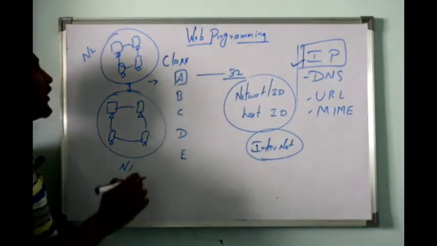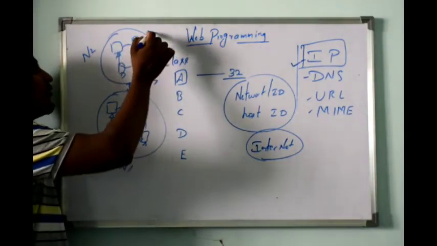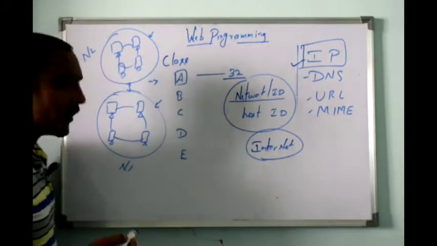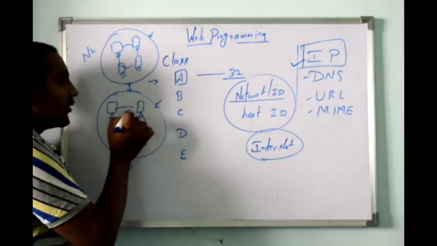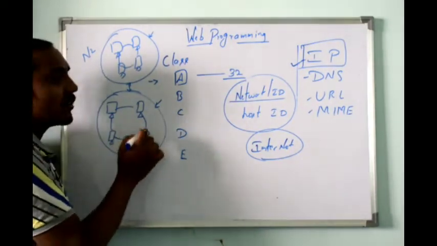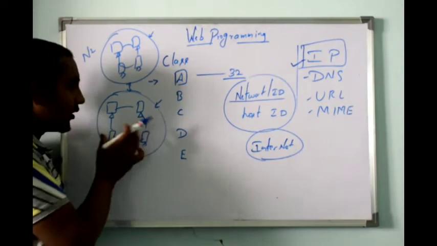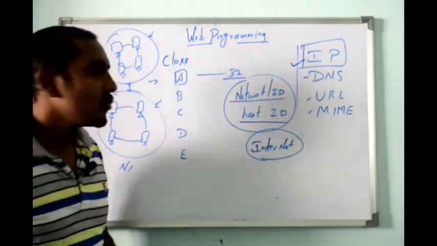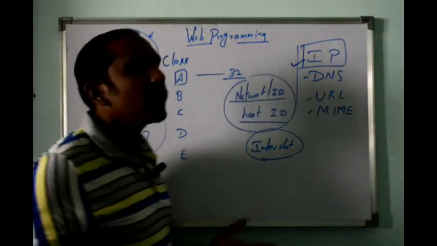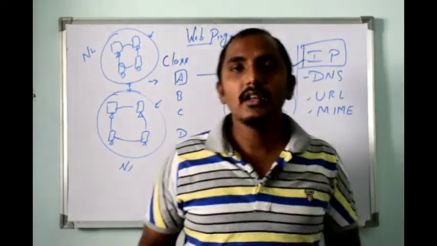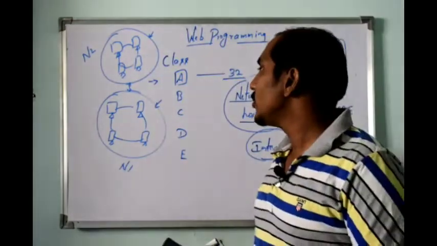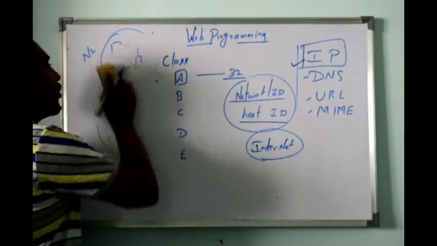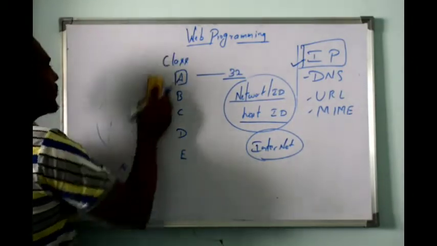If it is a network of networks, and I want to differentiate the first network from the second network, we will use network ID. If you want to differentiate between the systems present in the network itself, then we'll use host ID. Understand? Take an example of your register number.